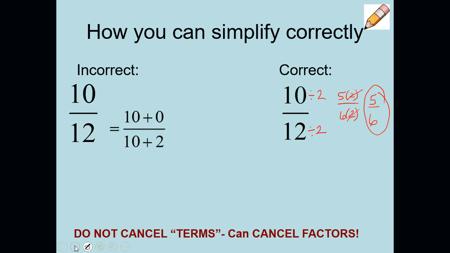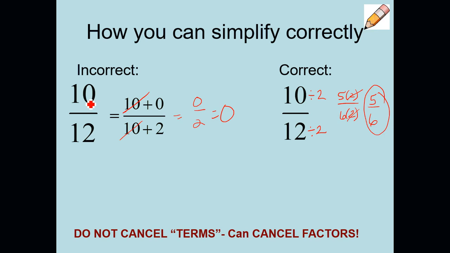I want to be careful to not cancel terms. This idea, well, 10 is the same thing as 10 plus 0, and 12 is 10 plus 2. So I can just cross off the 10s on the top, and I'll end up with 0 over 2, which is just 0. So, 10 twelfths is 0, basically. Not even close, okay?